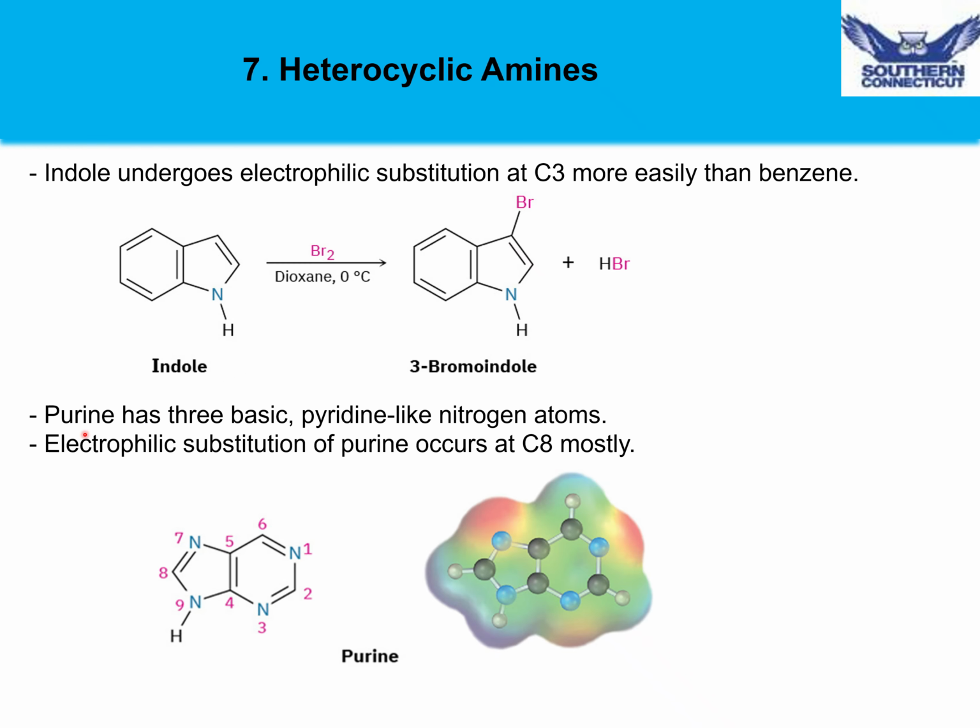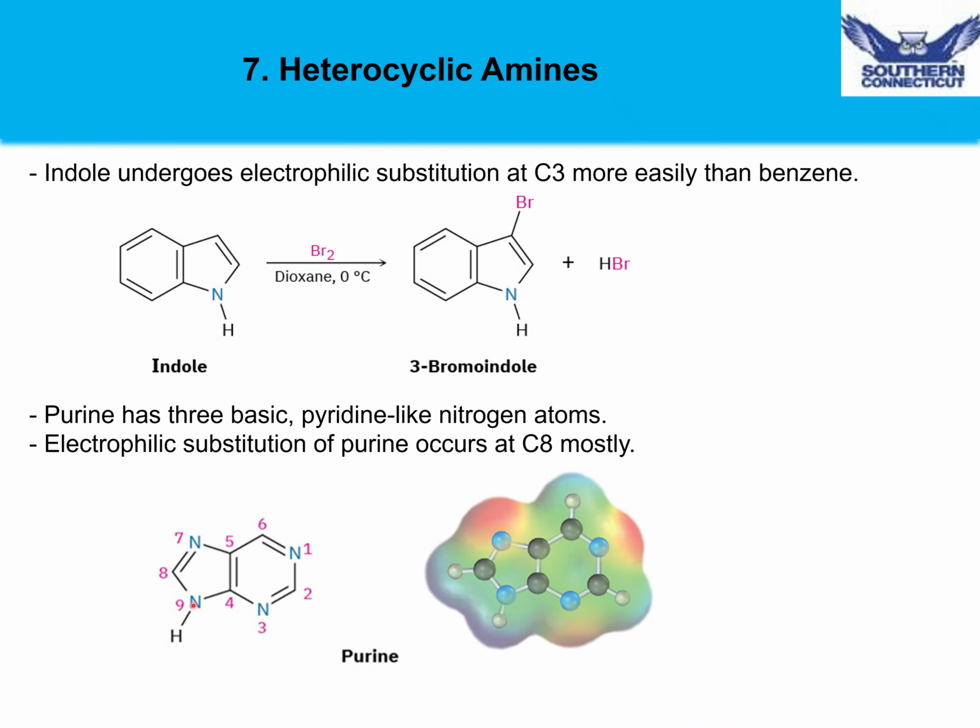Purine has three basic pyridine-like nitrogens. Those would be the nitrogens at position 7, 1, and 3. These nitrogens can react with acid pretty freely. However, the nitrogen at position 9 is more like the nitrogen in indole and pyrrole, which are required to complete the aromaticity of the ring, in this case for indole, as well as for purine.